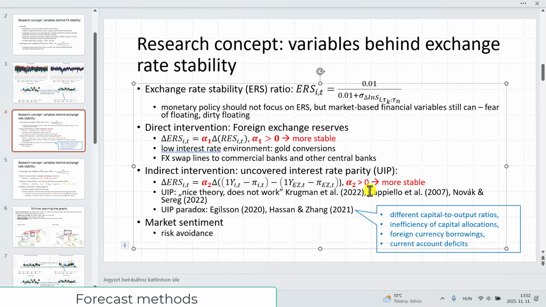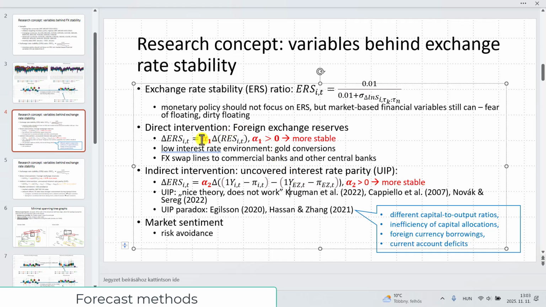Sometimes if the political risk is considered low, and also when the market is calm, then this works, but otherwise nowadays it's absolutely debated, or there are even papers which say that if they are highly exposed towards a foreign currency, not just in case of revenues, but also in case of debt, then this will work backwards. So you are not able to stabilize your currency with interest rate policy, which is quite contradictory, but unfortunately this is the reality.